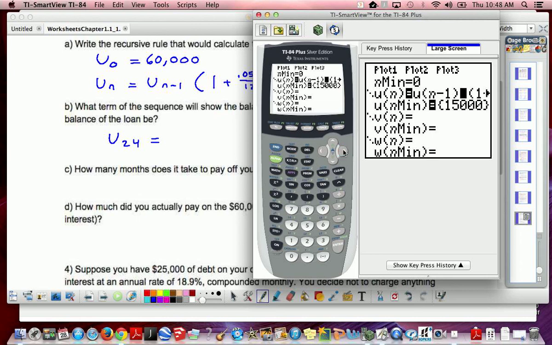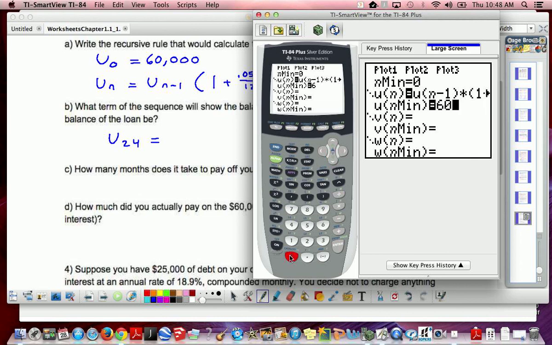So when I get past the multiplying, I'm just going to hit my delete button and clear it out. I think it's a little bit easier. That way I can type it in a little bit easier. So I'm going to go 1 plus 0.058 divided by 12, close my parenthesis, and then I get to subtract my monthly payment of $658.